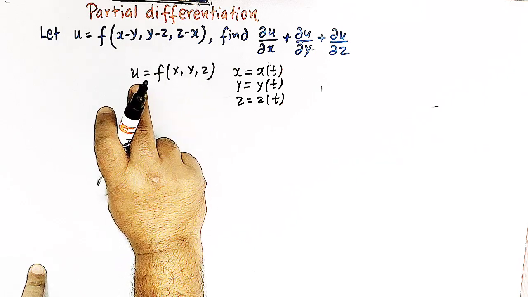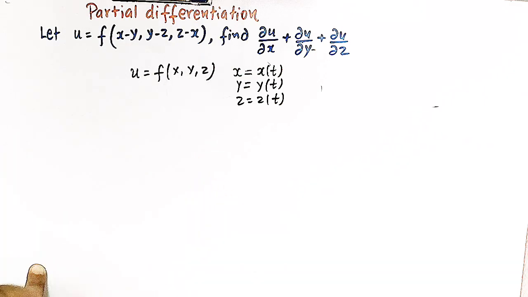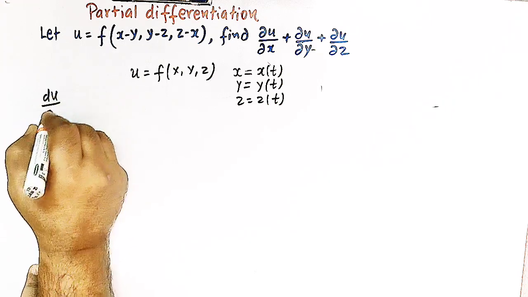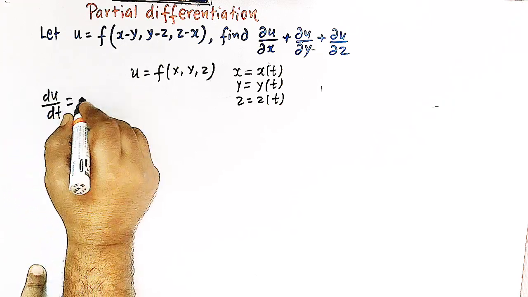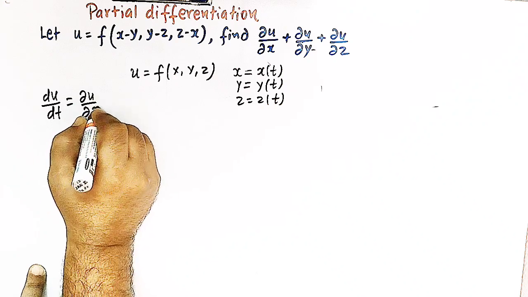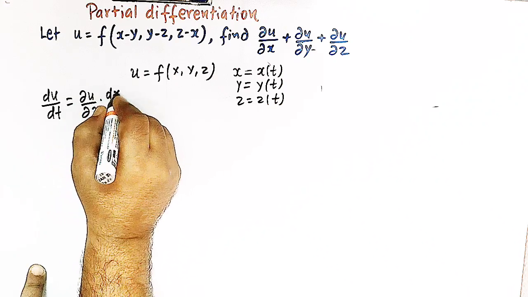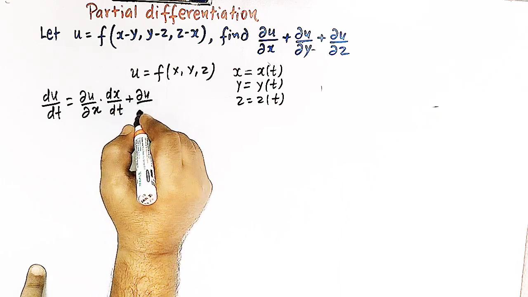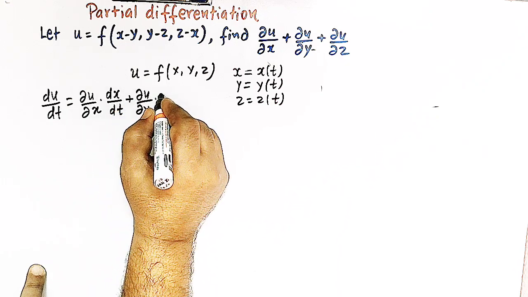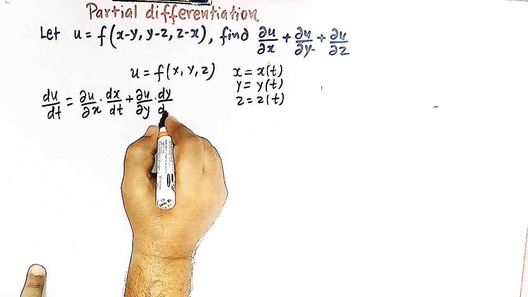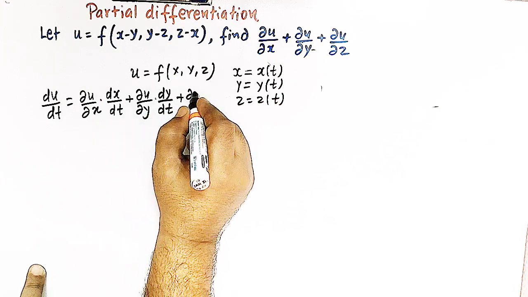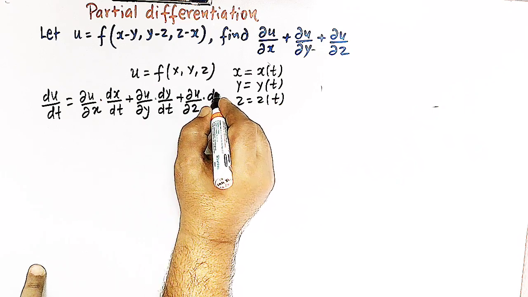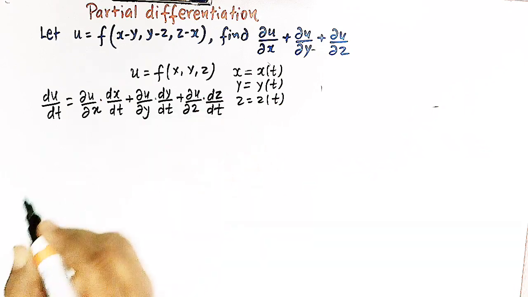So here we can now write the total differential coefficient of u, that is du over dt as del u over del x, then we have here dx over dt, and then we write here del u over del y, and here we have dy over dt, and here we have del u over del z, and here we have dz over dt, right?